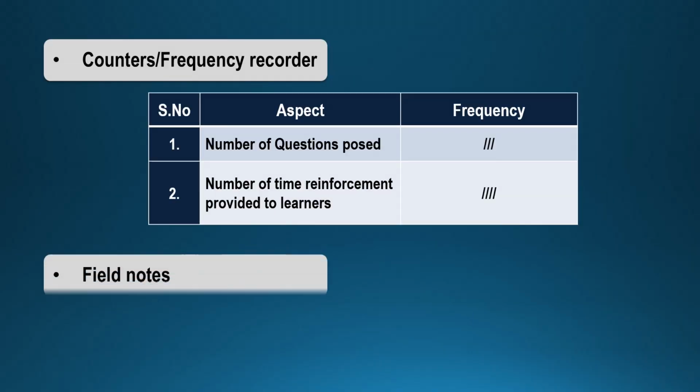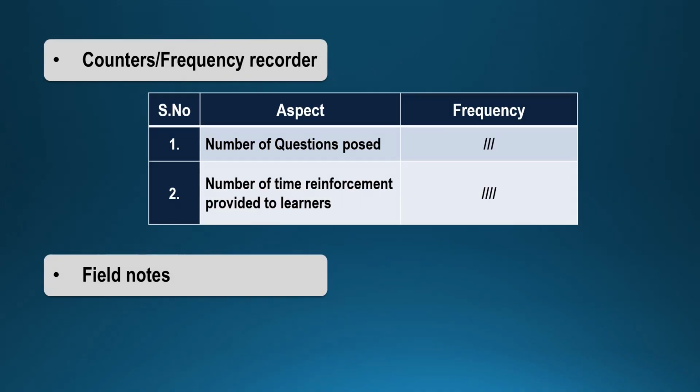The observer can also write long field notes. For example, you are not carrying any observation schedule, but you are sitting in the classroom and you are trying to observe the teacher as he proceeds and go on recording the activities he performed in your own words.